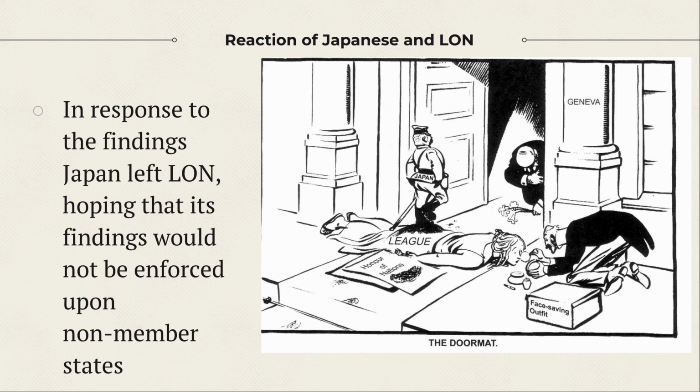So this is another cartoon, from David Low, a very famous British cartoonist. In response to the findings of the Lytton Report, Japan is going to leave. It hoped that the findings wouldn't be enforced upon non-member states. The League of Nations is referred to as a doormat, something you can just walk over. You can see the paper says the honor of nations, and Japan has scribbled it out.